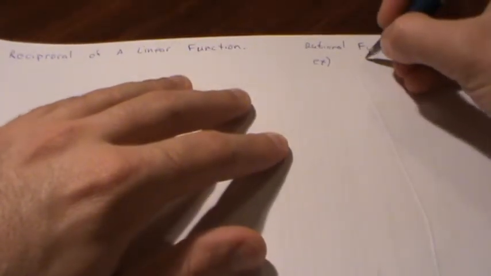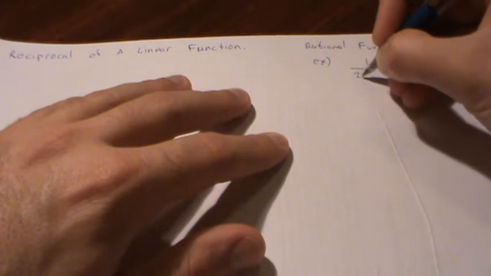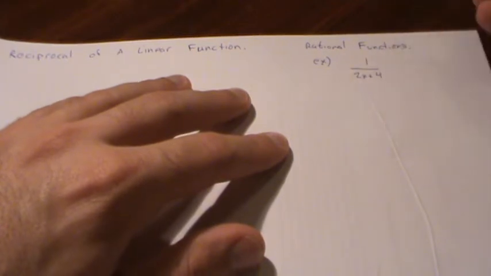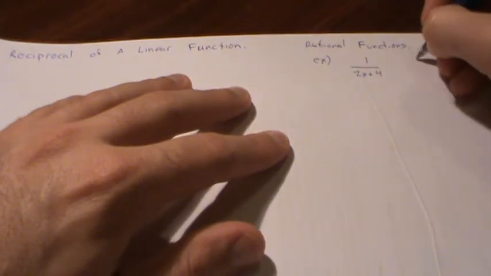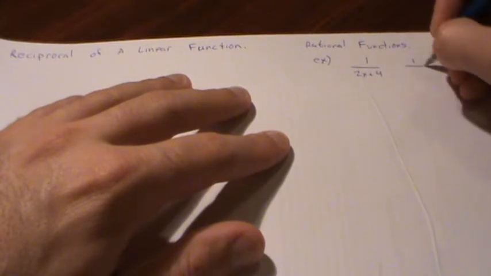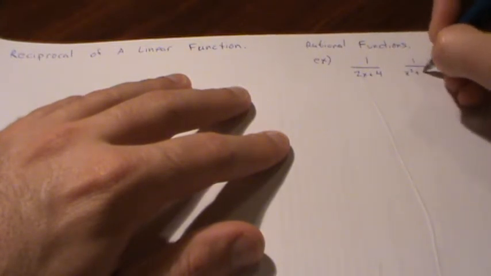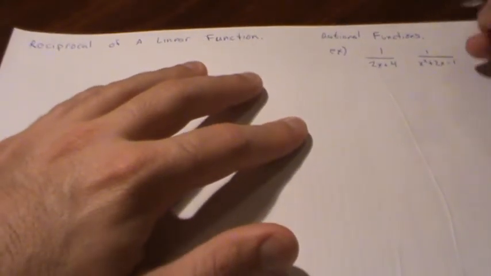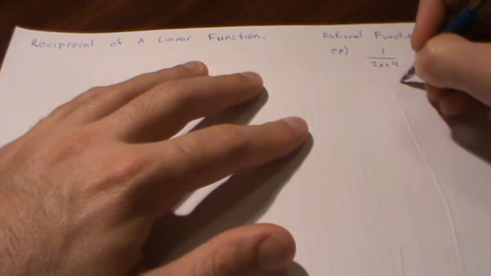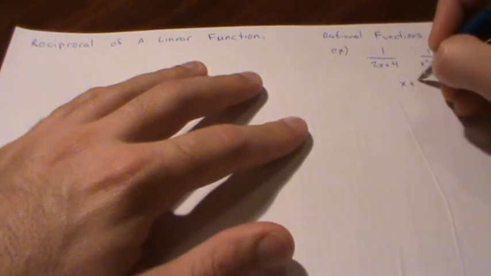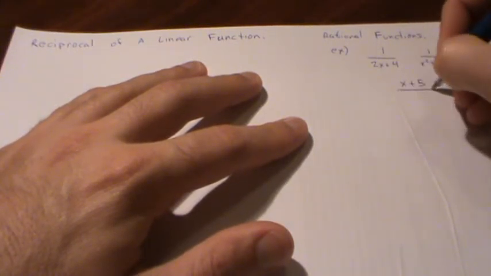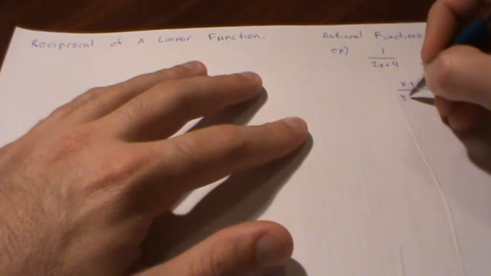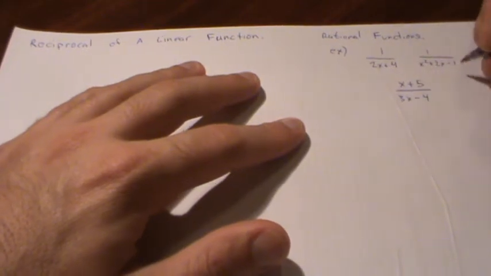Things along these lines: 1 over 2x plus 4, 1 over x squared plus 2x minus 1. Then we'll maybe do x plus 5 over 3x minus 4.